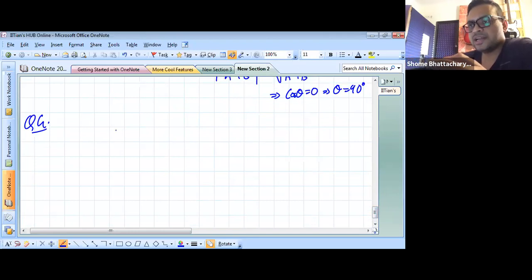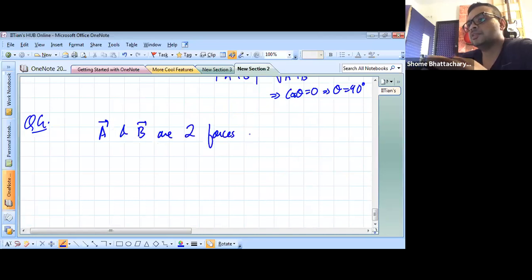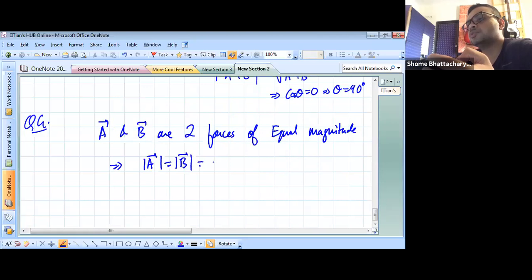So two forces are acting at a point. Let's say forces A and B are two forces of equal magnitude each. So let's say mod A is equal to mod B is equal to some small a, suppose. I just assume that because they are of equal magnitude.